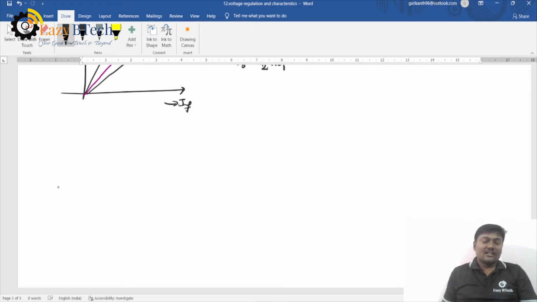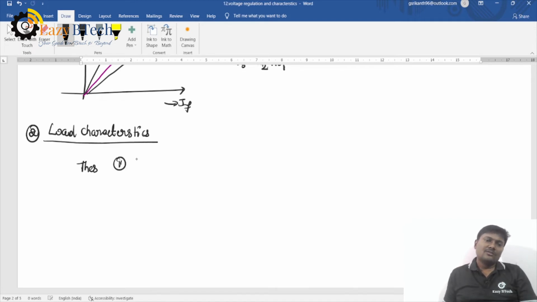The next characteristics are load characteristics. These are further divided into internal characteristics and external characteristics.